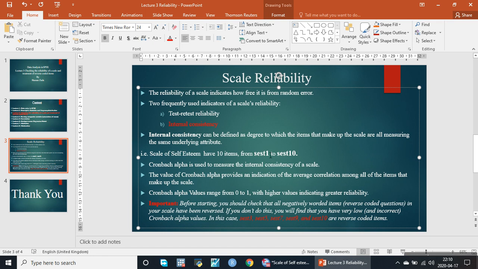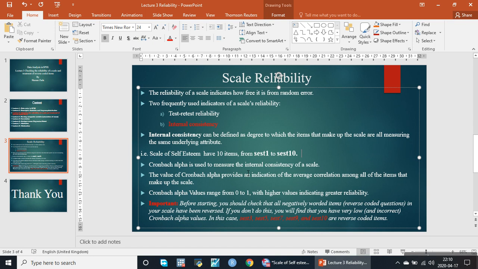If there is a strong and positive relationship among all of the 10 items of self-esteem, then we will say that the scale is reliable and it is measuring the same construct, that is self-esteem. If there is weak inter-item correlation, if the relationship between the items is weak or negative, then we will say that there is weak scale reliability or the scale is not reliable at all.